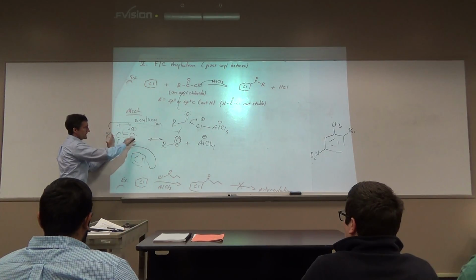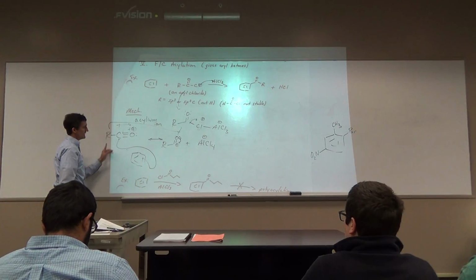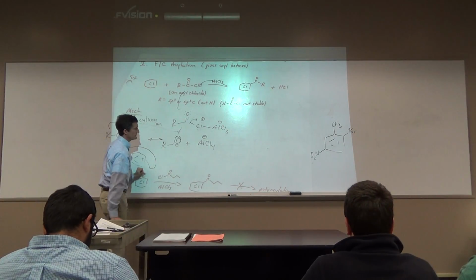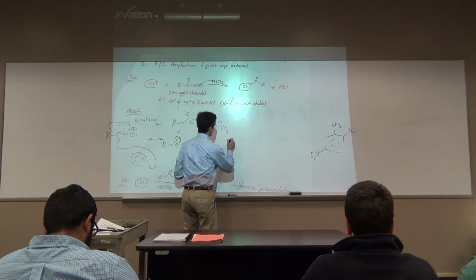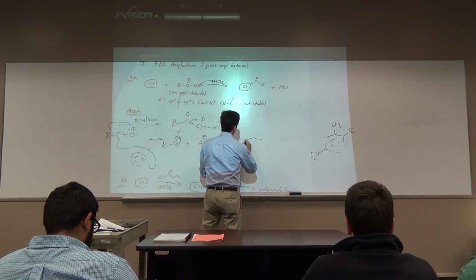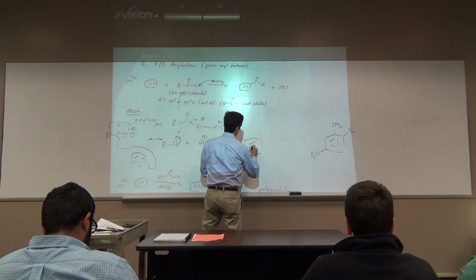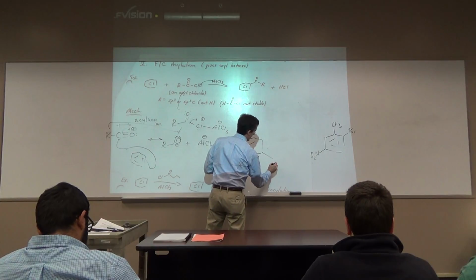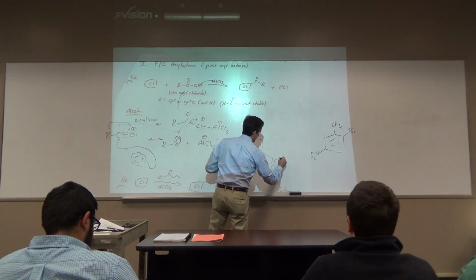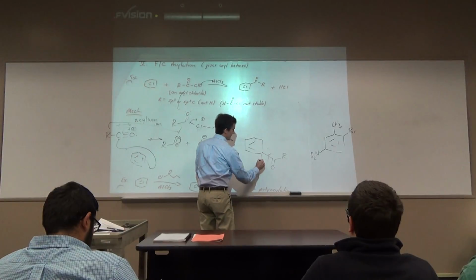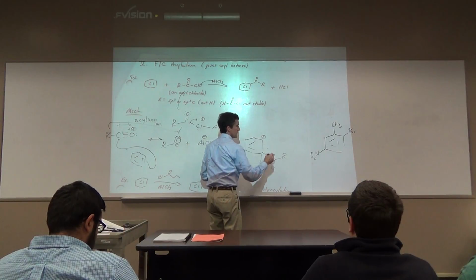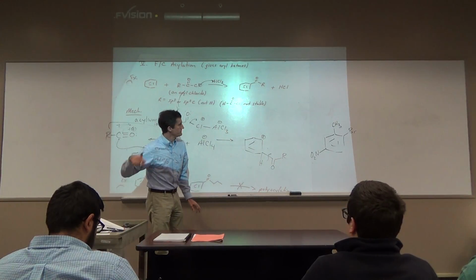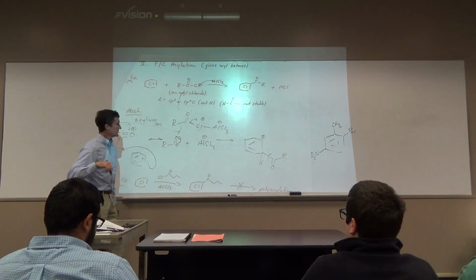We attack and push electrons back. What does that give? It gives the same thing as if it had just attacked right here. Now bonded to the, we just made that bond, there's an H there. And we're off to our good old mechanism.